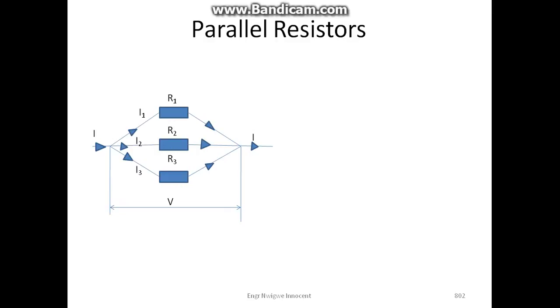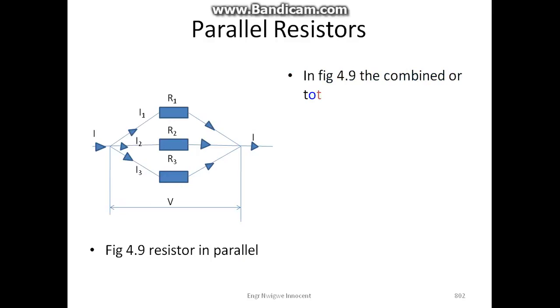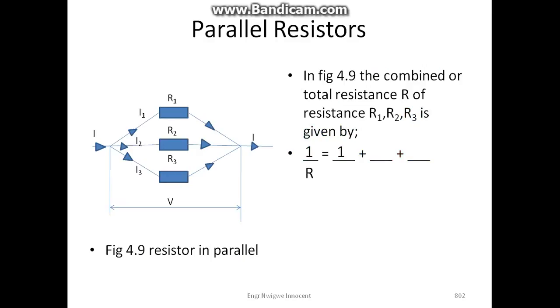Parallel resistor. In figure 4.9, the combined or total resistance R of resistances R1, R2, R3 is given by 1 over R equals 1 over R1 plus 1 over R2 plus 1 over R3.